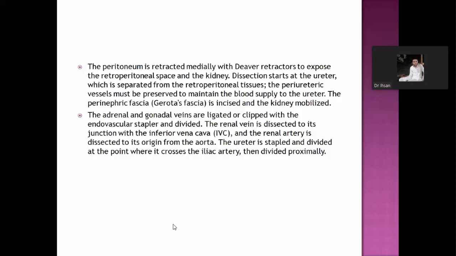The adrenal and gonadal veins are ligated or clipped with the intravascular stapler and divided. The renal vein is dissected to its junction with the inferior vena cava, and the renal artery is dissected to its origin from the aorta. The ureter is stapled and divided at the point where it crosses the iliac artery, then divided proximally.